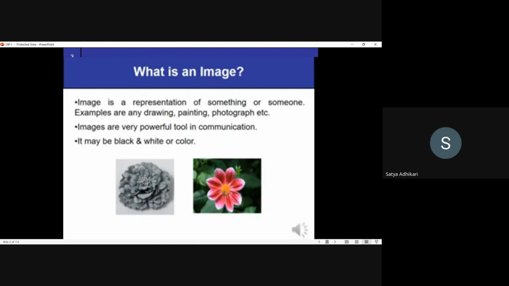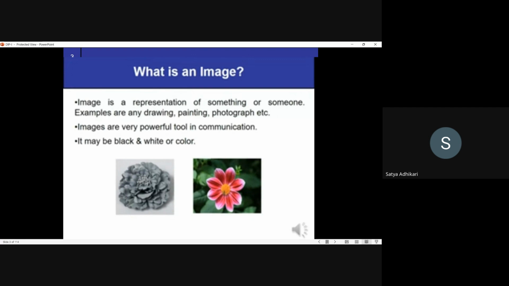As our module is digital image processing, the first thing we must discuss is what an image is. An image is a representation of something or someone.